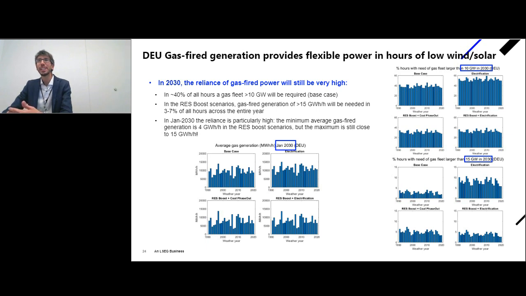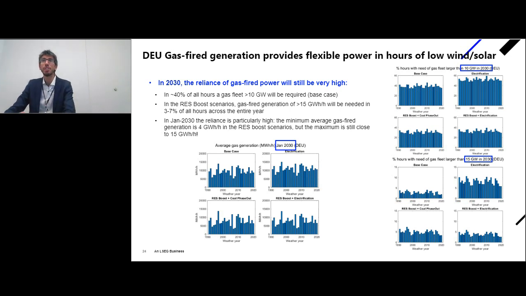But the interesting thing is that even under renewable boost scenarios, you still have a non-negligible amount of hours, because this is 5% of the hours. This ranges between 4 and 7%. So across an entire year, this is more than 500 hours where you need a gas fleet larger than 15 gigs to meet the demand in Germany, even with this very huge new renewable package.